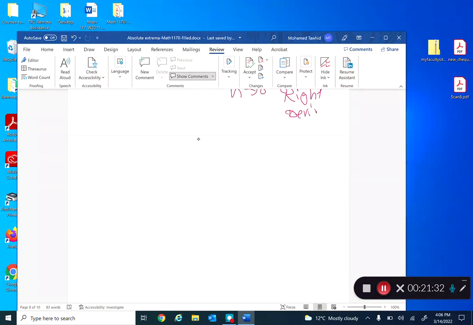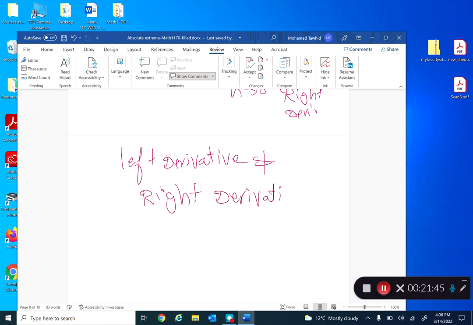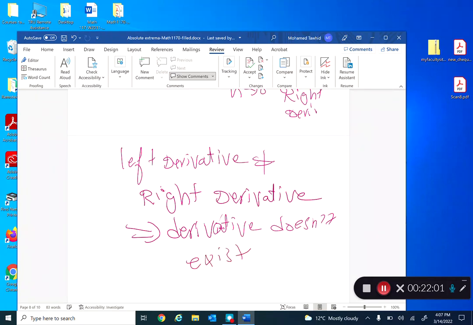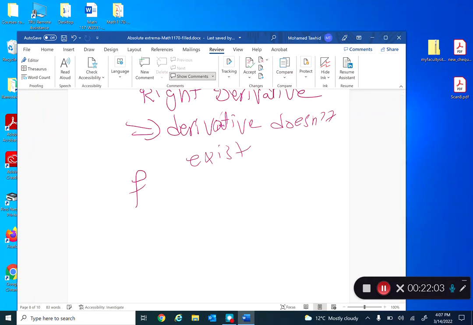Because your left derivative does not equal the right derivative, your derivative does not exist. That is when I say does not exist, which means your f prime of 0 does not exist.